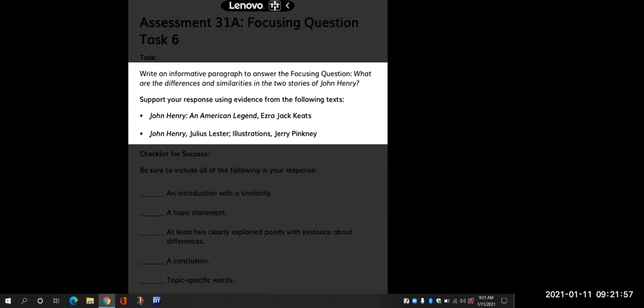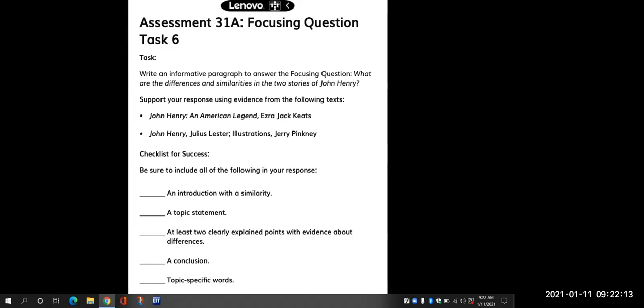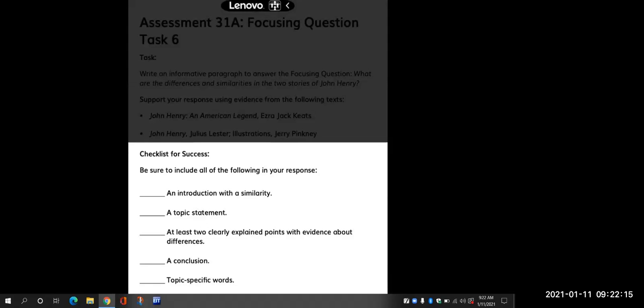Support your response using evidence from the following texts: John Henry, an American Legend by Ezra Jack Keats, and also John Henry by Julius Lester, illustrations by Jerry Pinkney.